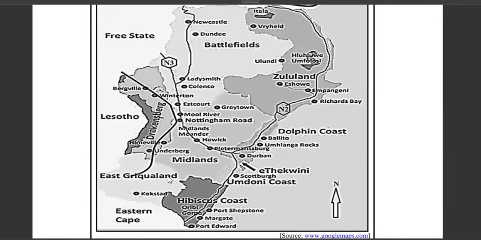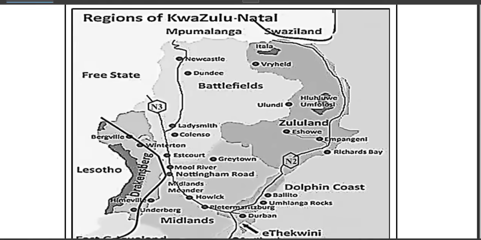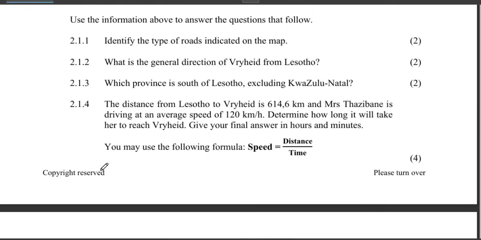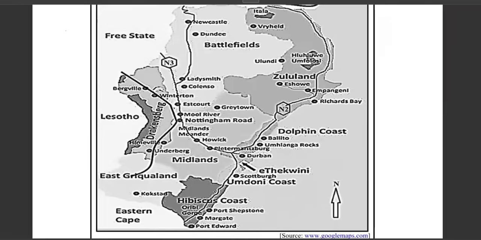When we look at it, does it have a scale? No, it has just a compass. It's fine. All right, then we go. Question 2.1. Identify the type of roads indicated on the map. When you look at the map here, the only roads indicated are N3 and N2.